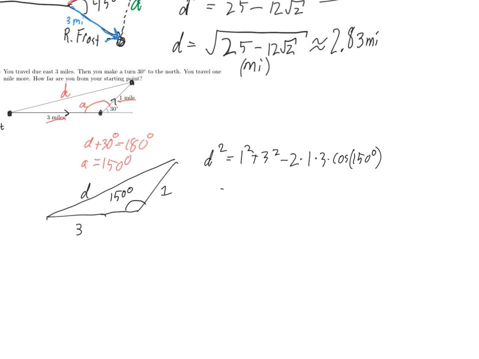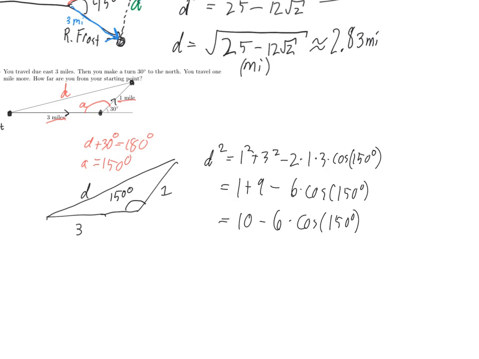So, writing that all out, 1 plus 9 minus 2 times 1 times 3 is 6 times the cosine of 150 degrees. That's 10 minus 6 times the cosine of 150 degrees.